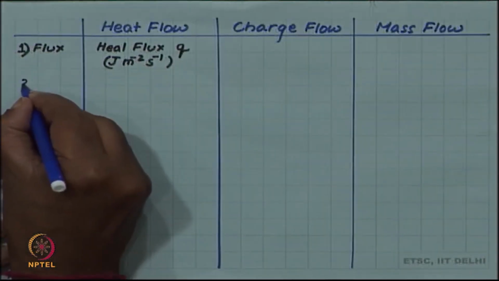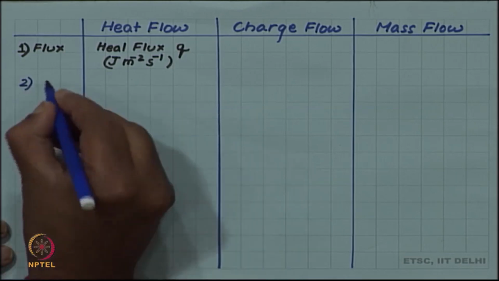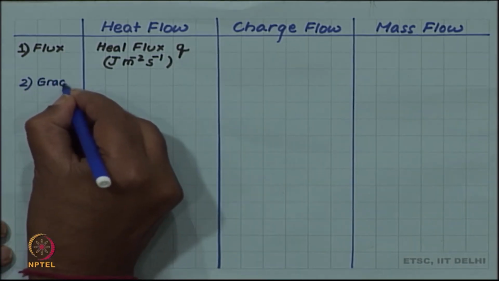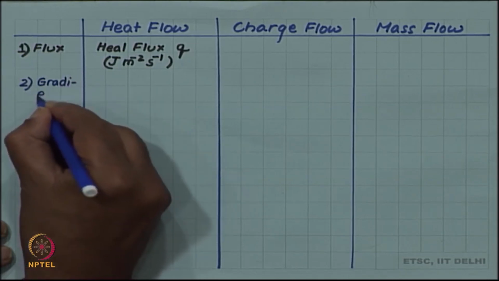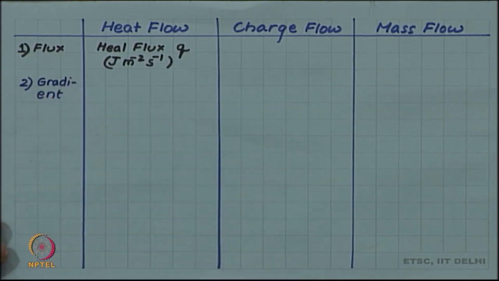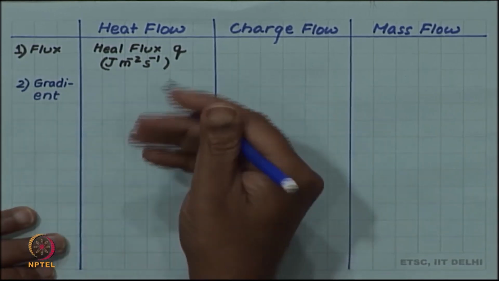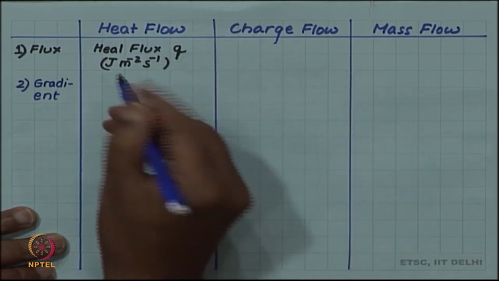Now, it is known that heat flows due to the existence of a particular gradient. What is the gradient which gives us heat flux?